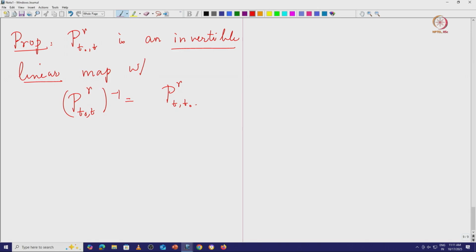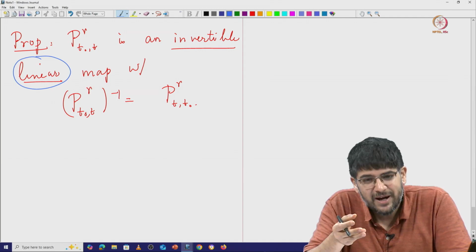Or another way of thinking about the inverse is that you just traverse gamma in the reverse direction, right, and parallel transport. So why is it linear? I am not going to write down the proof of this proposition, but it's a good exercise for you to write down a proof by yourself. Just briefly, why is it a linear map?